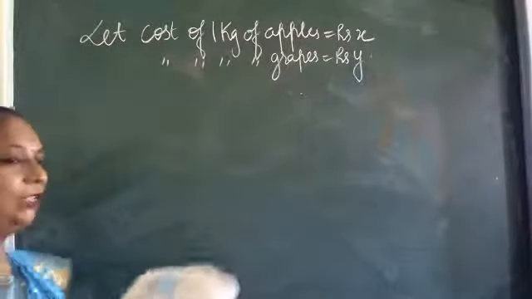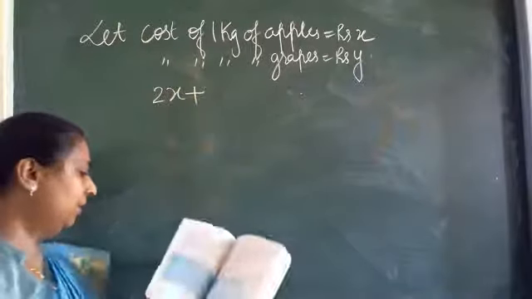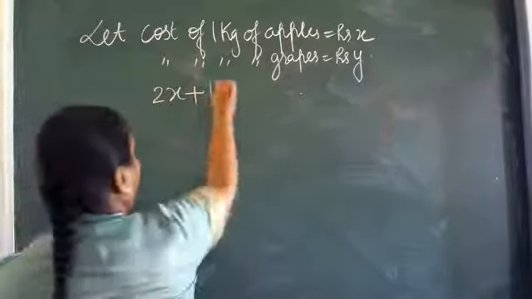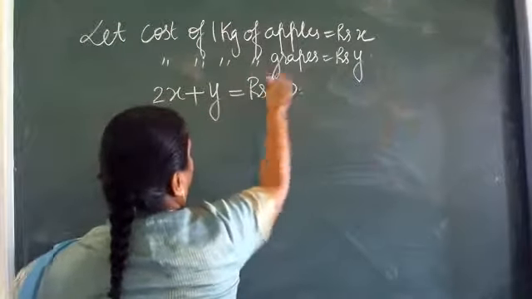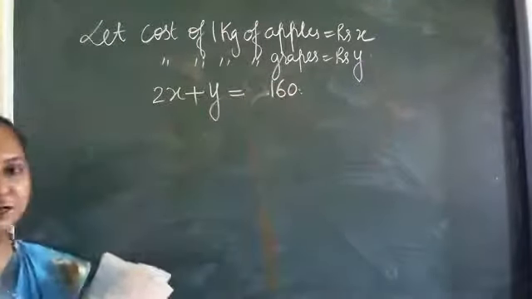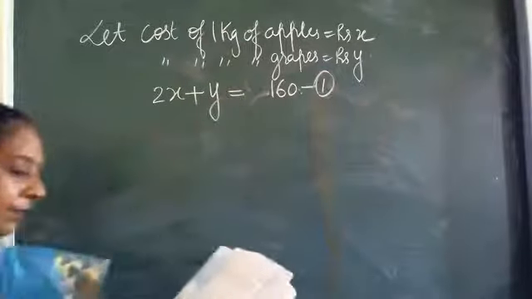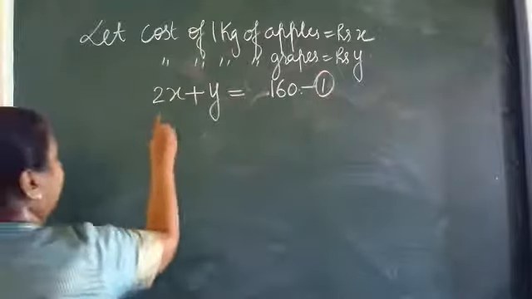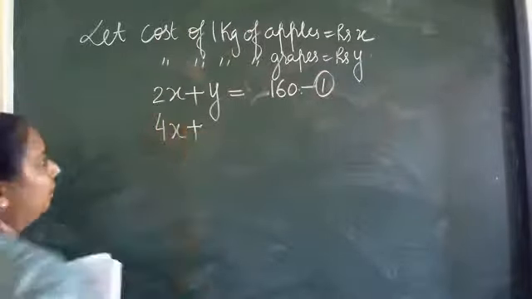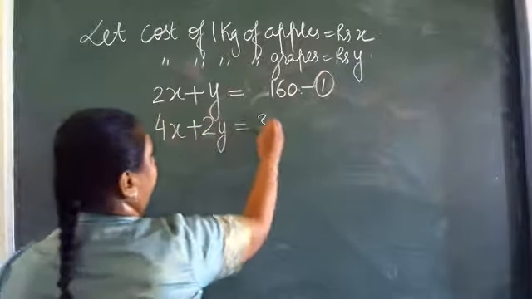According to the first condition, the cost of 2 kg of apples is 2x plus 1 kg of grapes is y, and the total amount is rupees 160. This is the first equation. Now the second: the cost of 4 kg of apples is 4x and 2 kg of grapes is 2y, equal to 300.